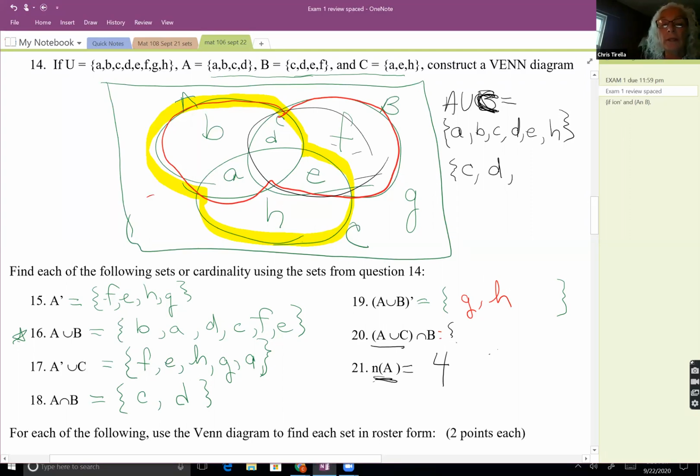So you're right, that is C, D, E. H wouldn't be in there, because H is not inside of B. We're saying what's inside of A combined with C and also in B. A combined with C, and so where does it overlap with B? I don't know why I took the complement of that.